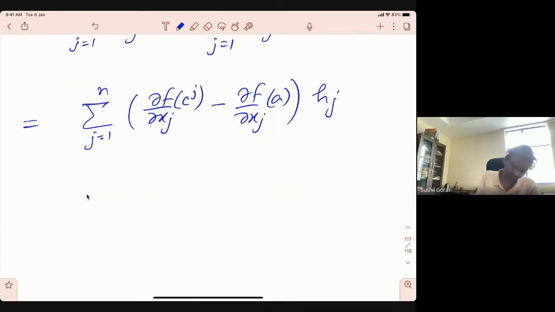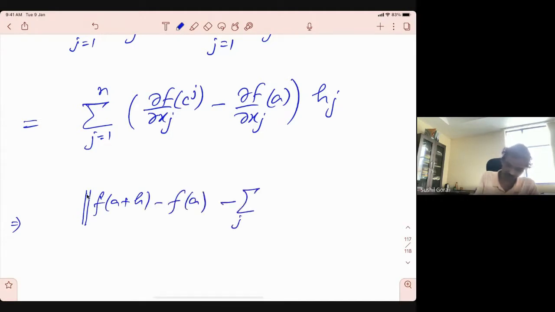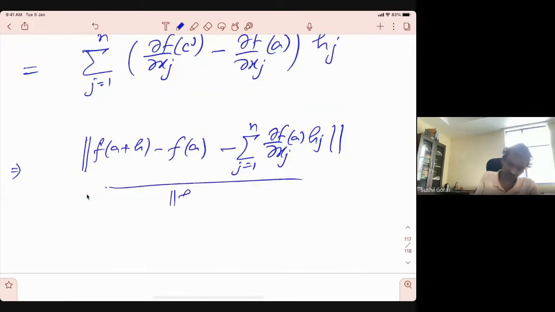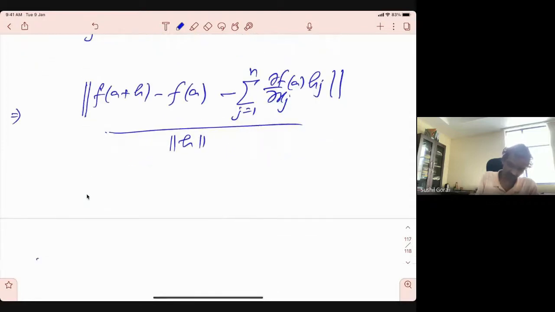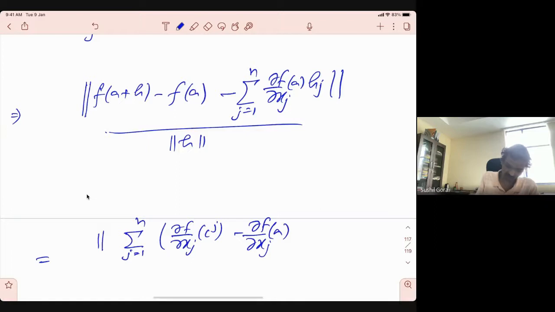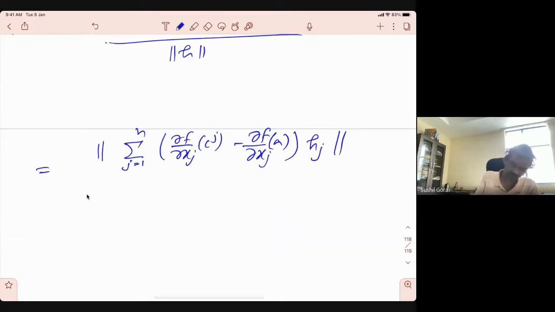Now this implies the norm of f of a plus h minus f of a minus summation j from 1 to n of del f by del xj at a times hj, divided by norm of h, is equal to the norm of summation j from 1 to n of del f by del xj at cj minus del f by del xj at a, times hj, divided by norm of h.